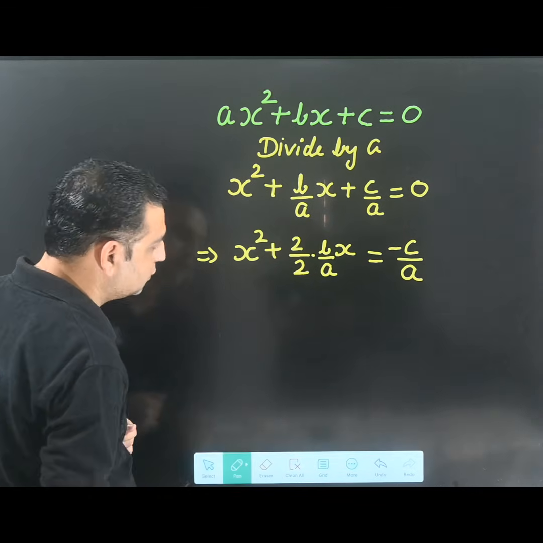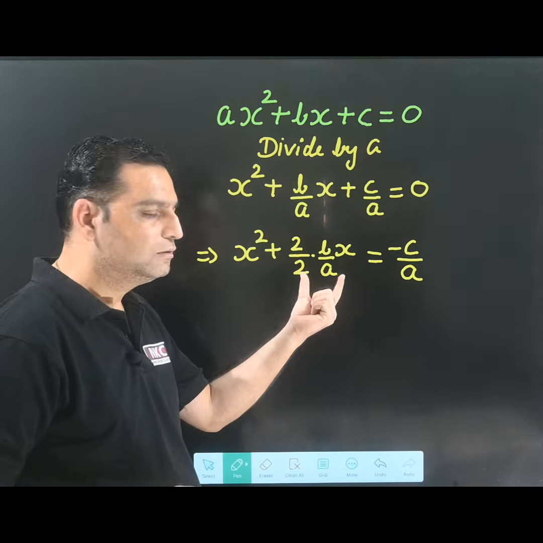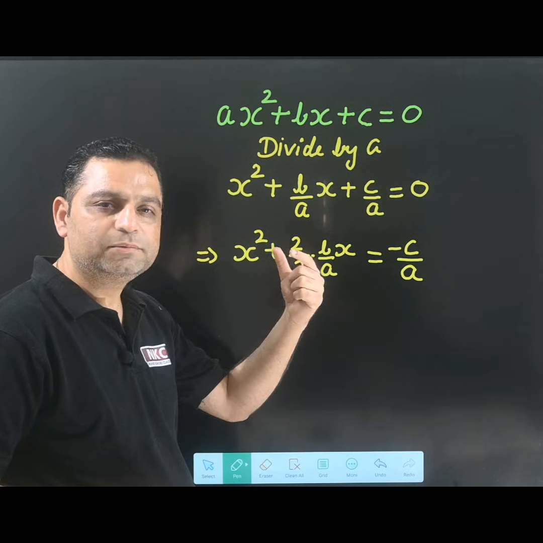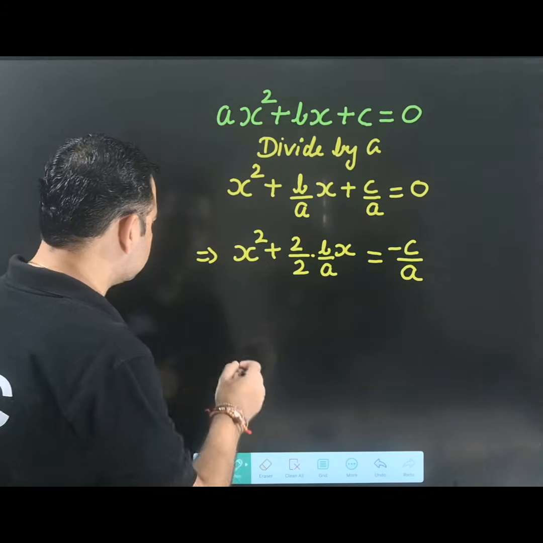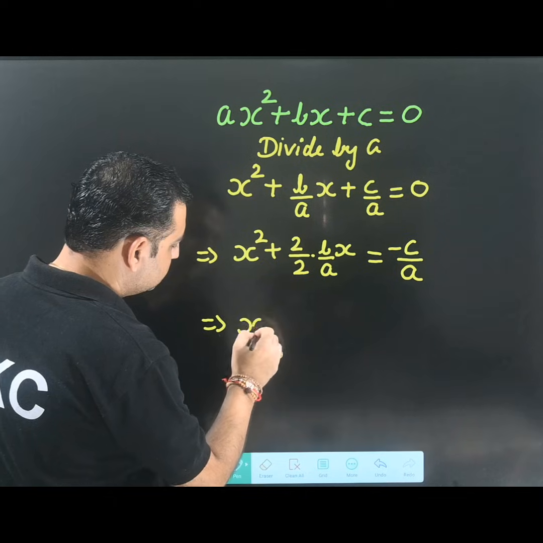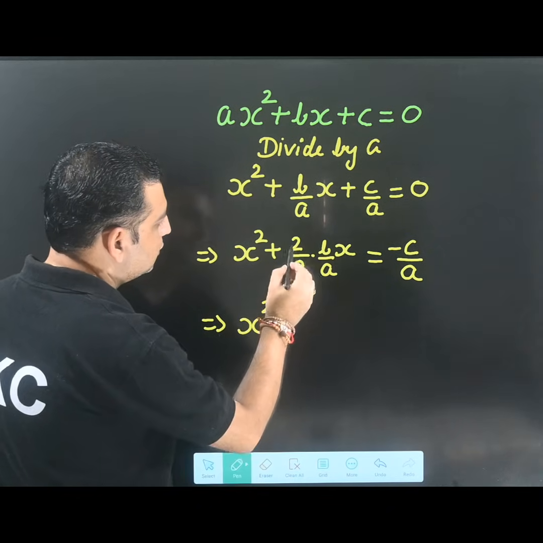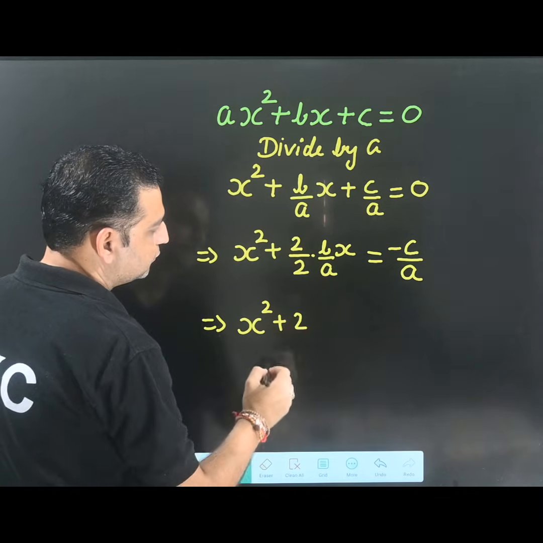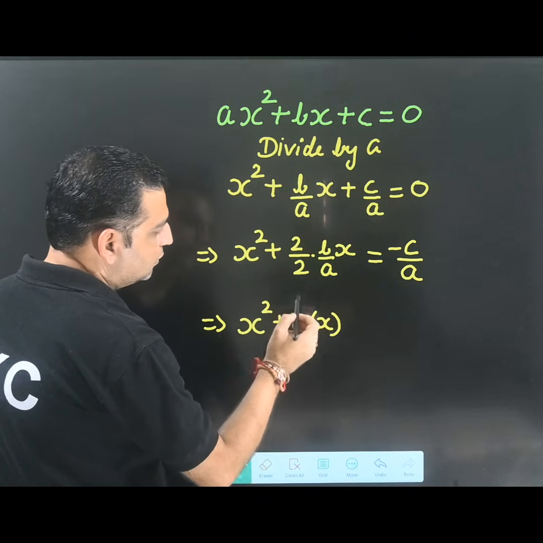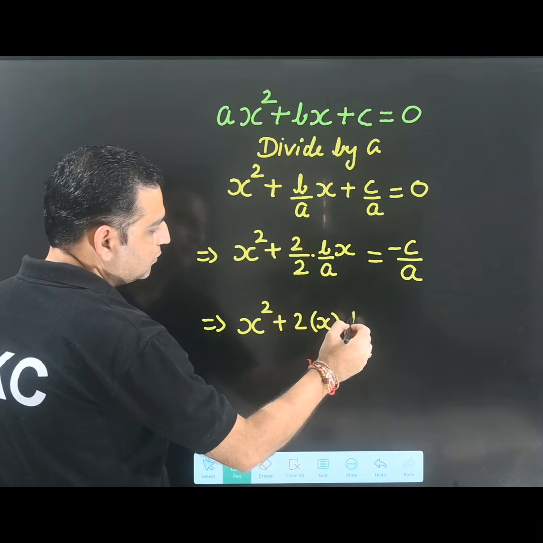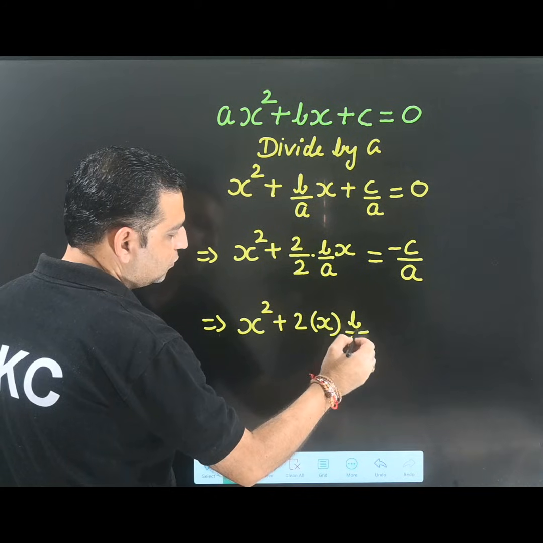Now, as I told you, this is going to be the 2ab form. I need to rewrite it again. How would I write it? This upper value 2 I am writing like this. Then I am writing x. This 2 and a I am multiplying and making it b upon 2a.